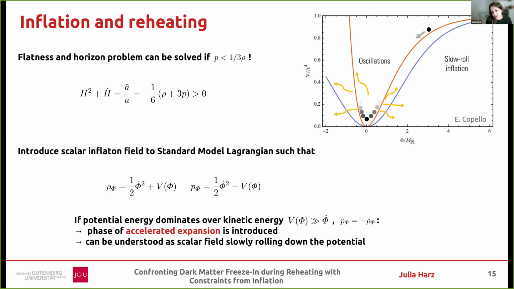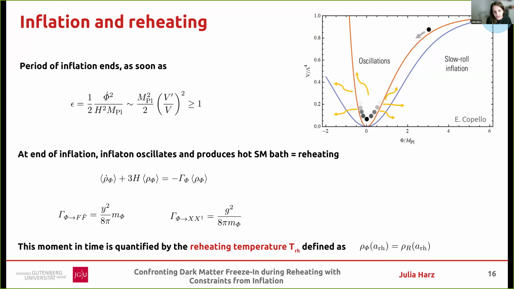So the idea is that we have a scalar potential that is rolling down, and inflation happens as long as we are slowly rolling, that is, as long as the kinetic energy is small. As soon as the kinetic energy gets large, inflation ends. This is measured in the so-called slow-roll parameter epsilon. Once inflation ends, we end up at the minimum of the potential.